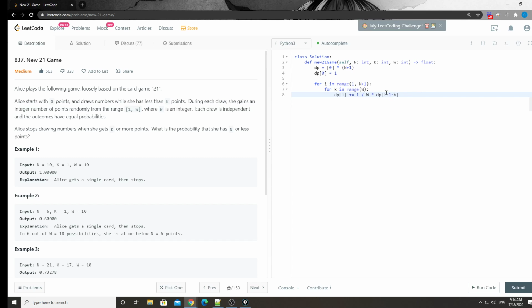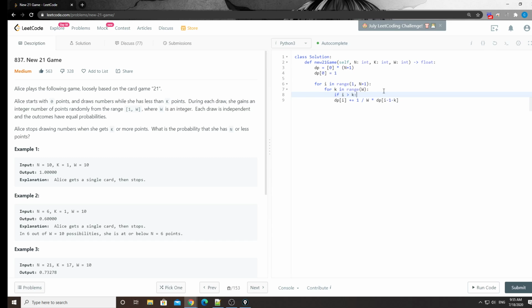But here I think we need to make sure this i minus 1 minus k is not negative, otherwise we'll have a problem. Basically, we simply check if i is greater than k.